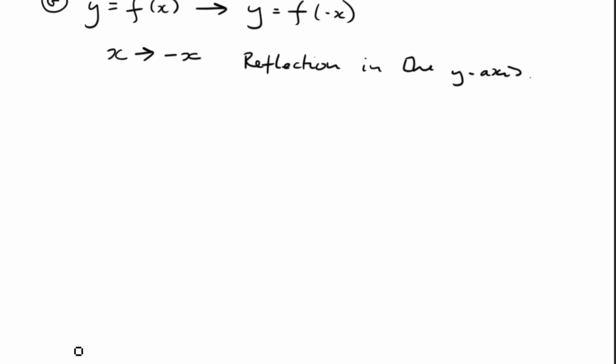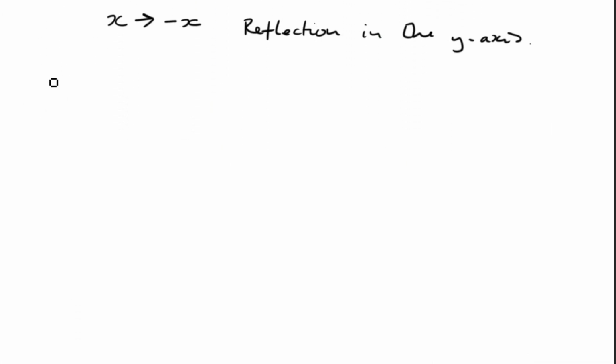Part C offers an extra challenge, because in Part C we have to work out how to go from the curve y is equal to f of x and end up with the curve y is equal to f of negative 2x. Now, although it is possible to do this in one go, I would suggest we break it down into two stages.